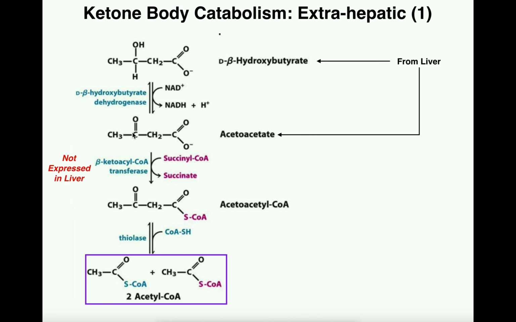But the peripheral tissues, such as the muscle, the brain, the kidney, etc., do have this enzyme. And so they're going to be able to convert acetoacetate into acetoacetyl-CoA, as I've just discussed. And then the acetoacetyl-CoA can be metabolized into 2 molecules of acetyl-CoA through the action of the enzyme thiolase, which is pretty much ubiquitously expressed in most tissues.